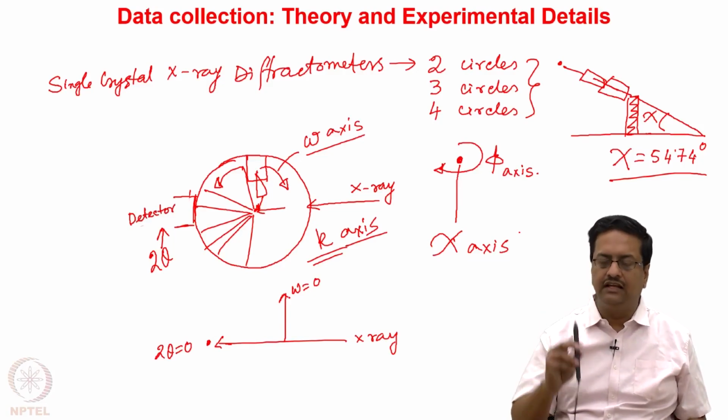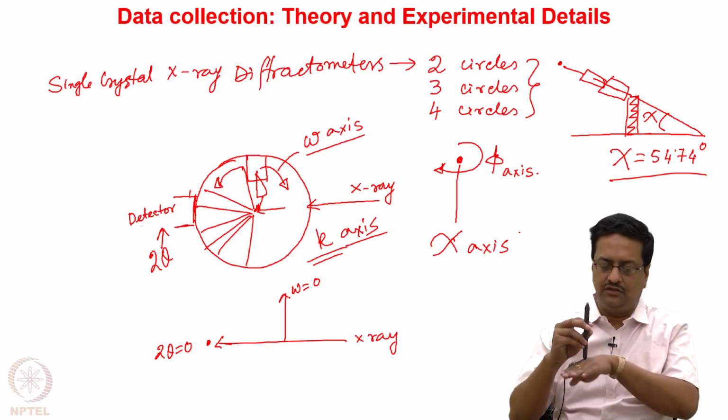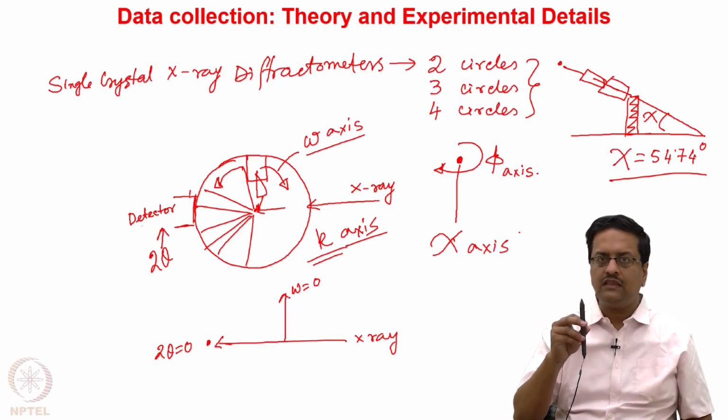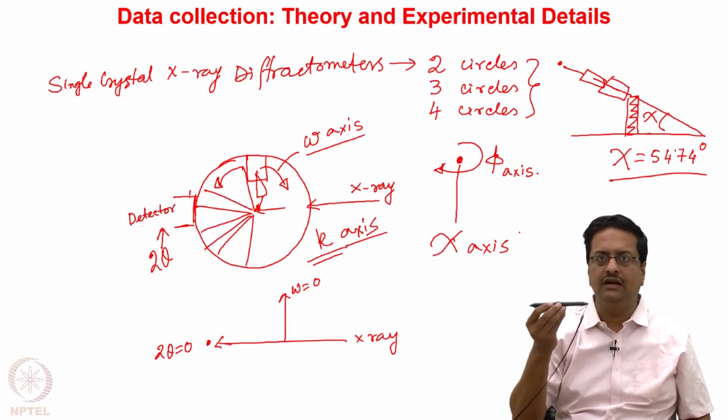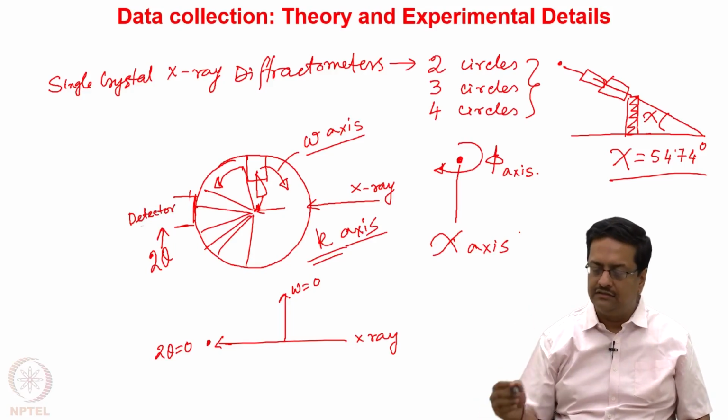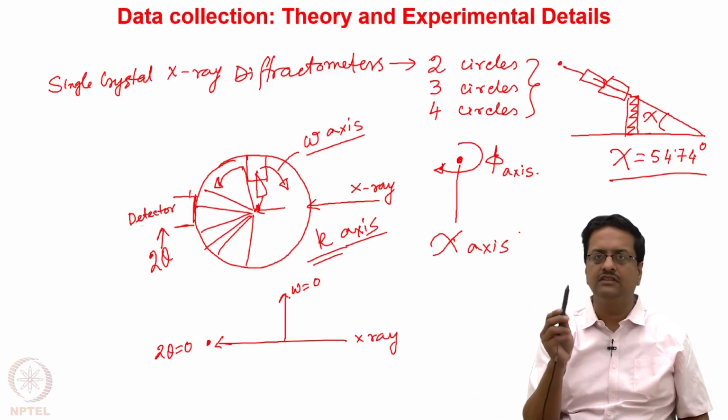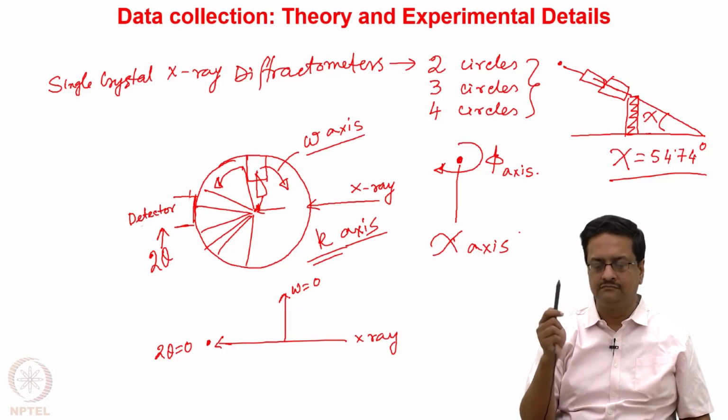That is exactly vertical from the goniometer base, and kappa can then be rotated to plus 90, to the other side minus 90, and phi is something which is rotated by 360 degrees.